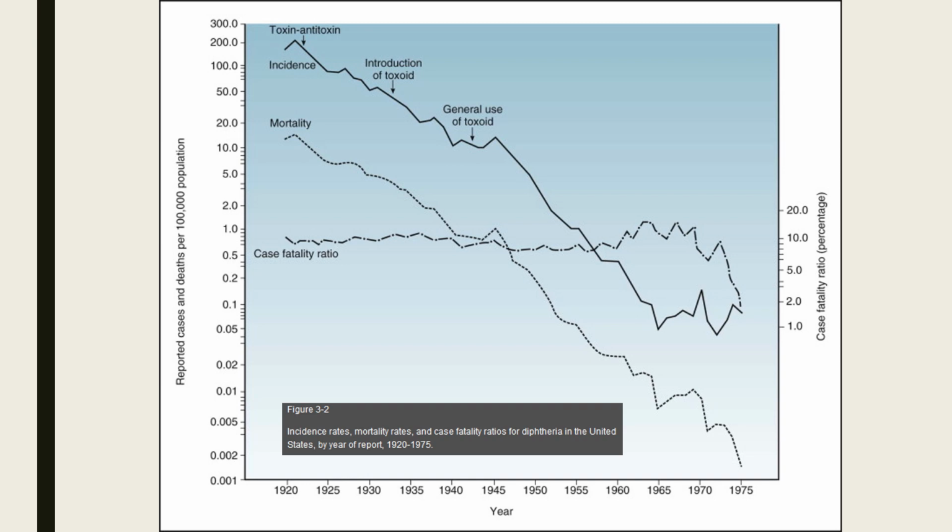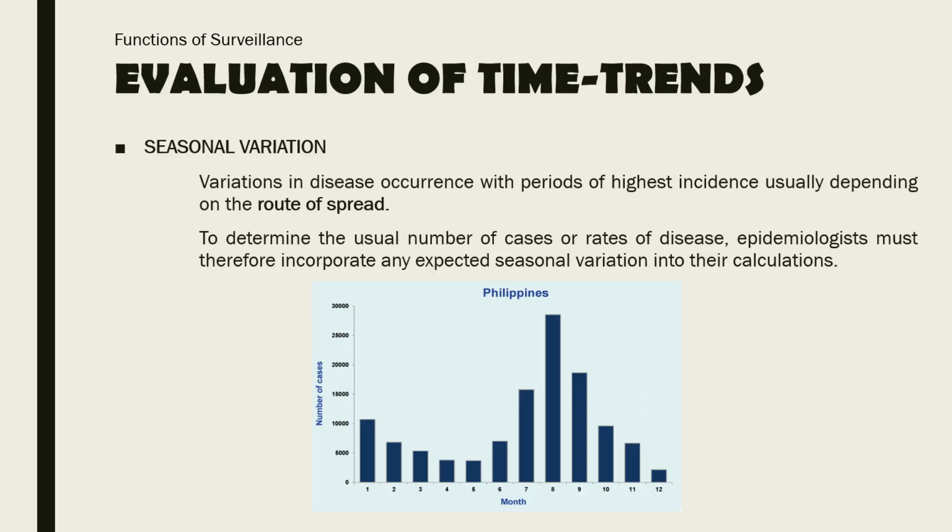So the incidence rates, so this is in relation to use of toxoid. So this would be the reported cases and deaths per 100,000 population for tetanus. So it decreases because of the introduction of certain interventions. Seasonal variation.